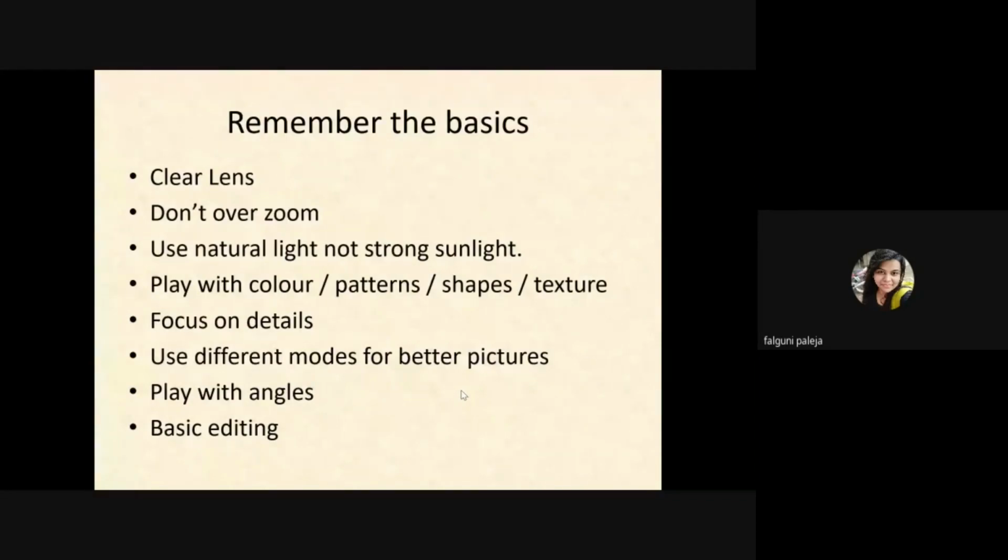The second important thing to keep in mind is not to over-zoom your images, because phone cameras are not meant for zooming. You can use 2x zoom, that is fine, but not more, or the image gets pixelated. The third thing to remember is don't use strong sunlight because it will make your pictures look very bright.